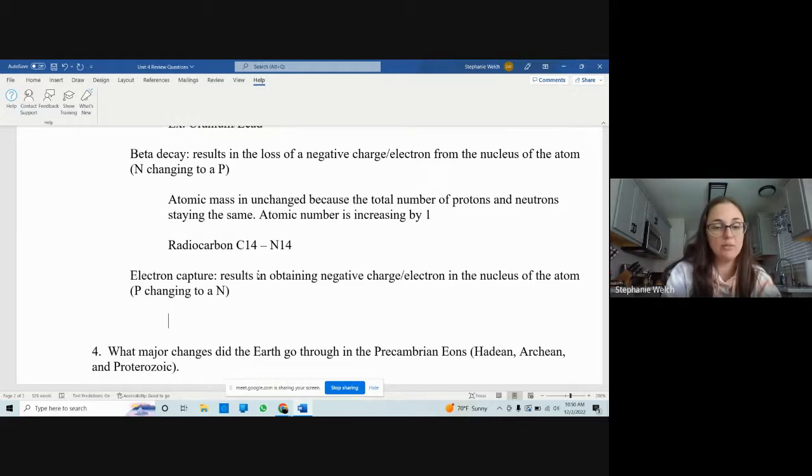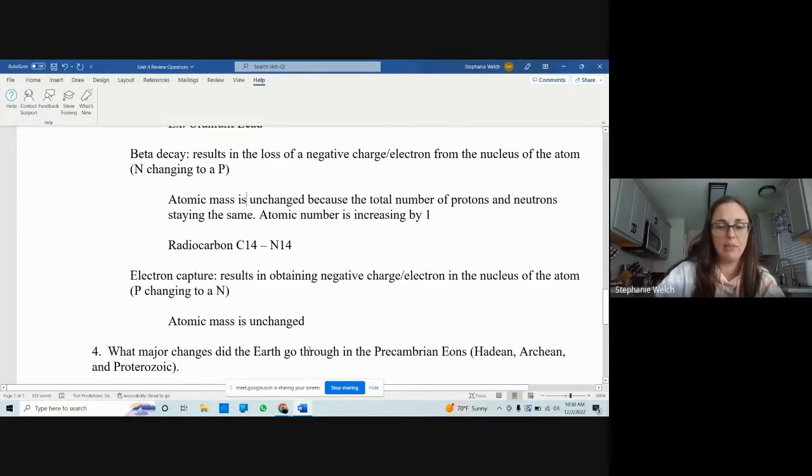And so this is why in electron capture, your atomic mass is still unchanged. Just realized I got this wrong up here. Atomic mass is unchanged.